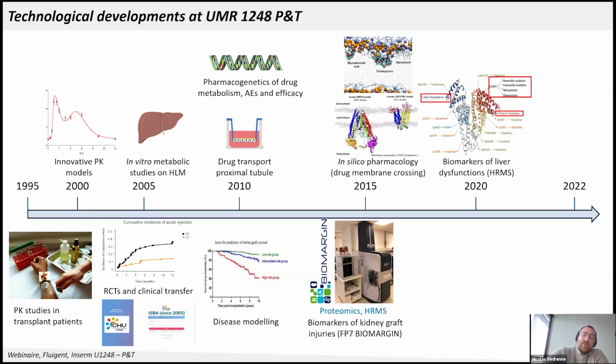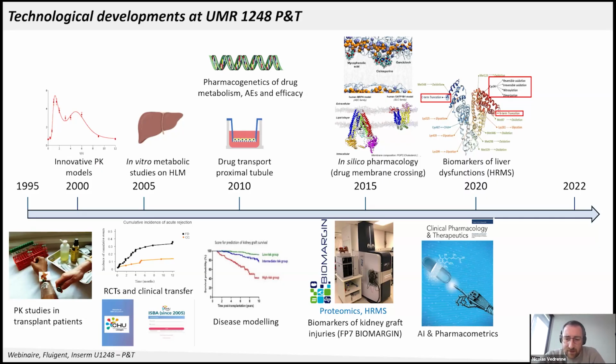We further developed albumin-focused analysis, which provided additional insight into early molecular changes associated with liver function and helped refine the biomarkers identified always through HRMS. Now, in recent years, artificial intelligence has become a central pillar of our research.